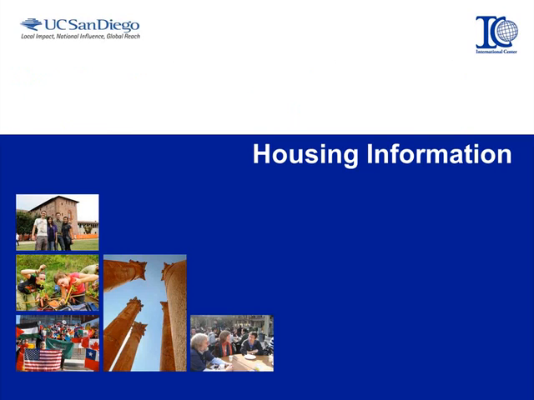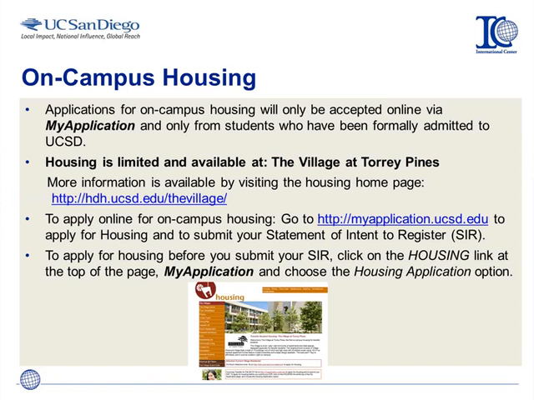Next, we will discuss your housing options at UC San Diego. We highly recommend that transfer students live on campus apartments or residence halls during their years here at UC San Diego.